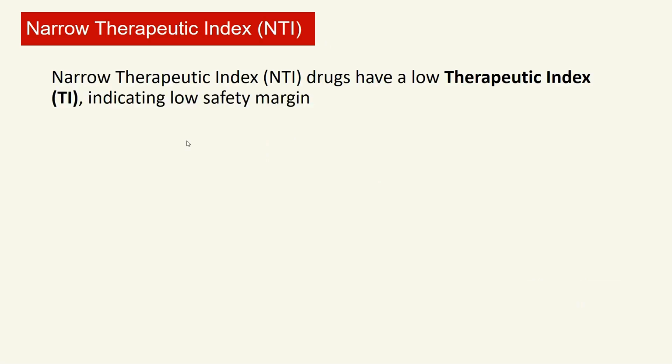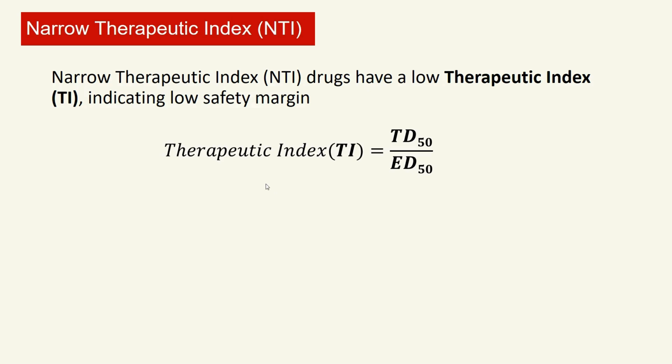Narrow therapeutic index drugs are drugs that have a low therapeutic index, which indicates a low safety margin. The therapeutic index is calculated from the toxic dose, TD50, divided by the effective dose, ED50.